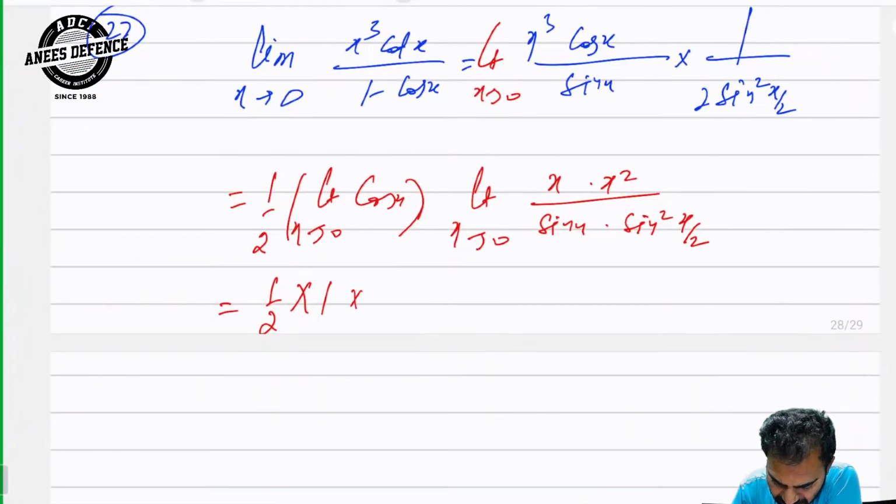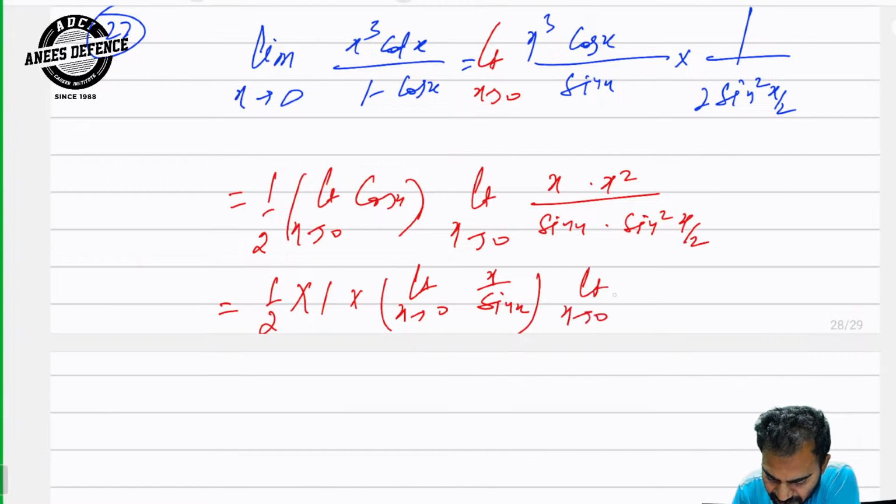Now I will find the limit separately for limit x tends to 0 of x upon sin x. Any problem?